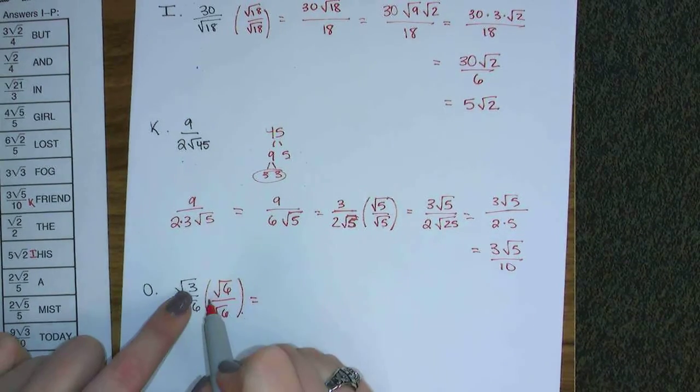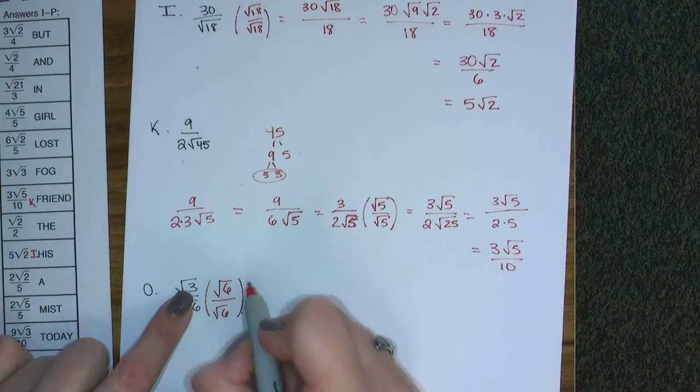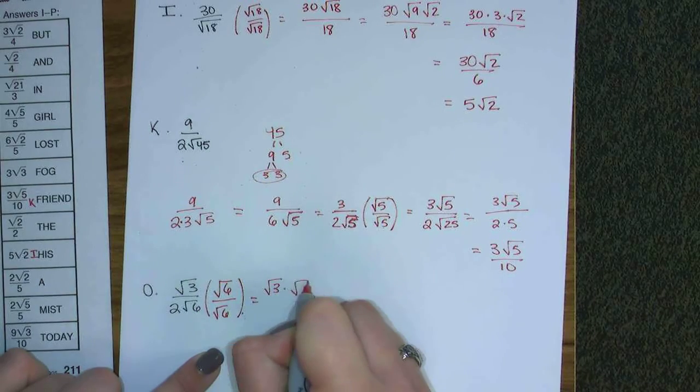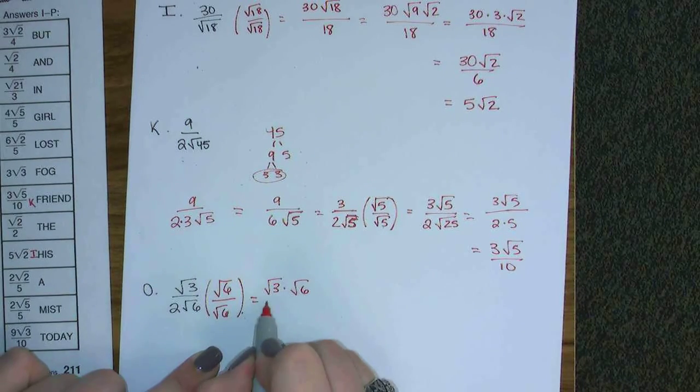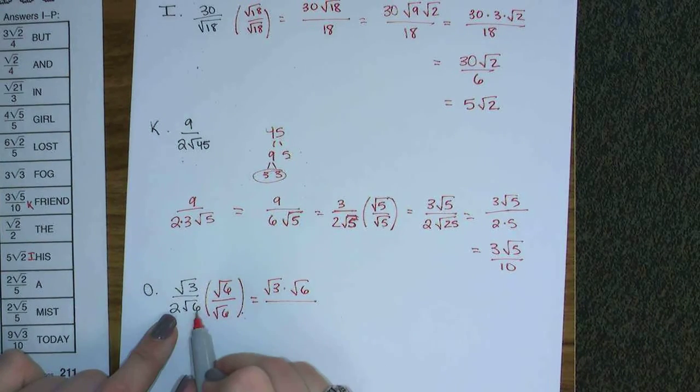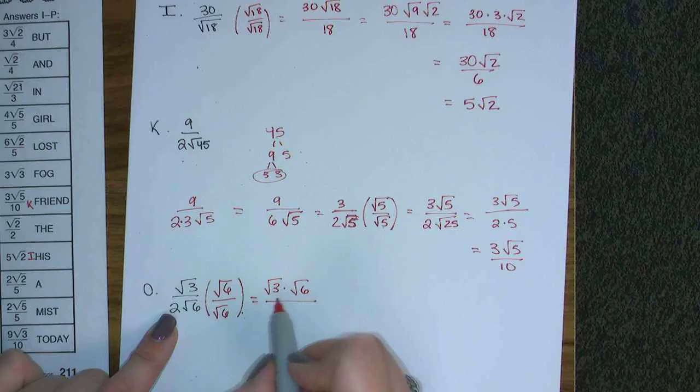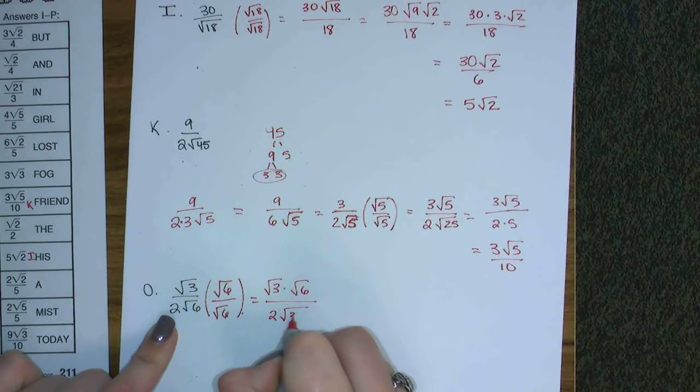So this is equal to the square root of 3 times the square root of 6. Okay, I can write it this way, or I can combine them in just a second, over 2 times the square root of 6 times the square root of 6 is the square root of 36.